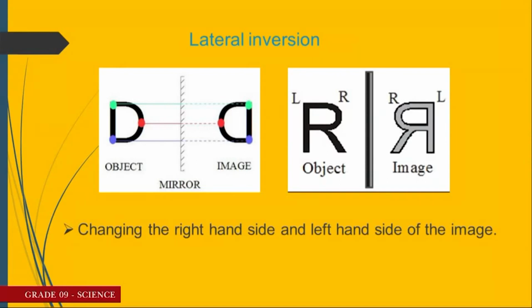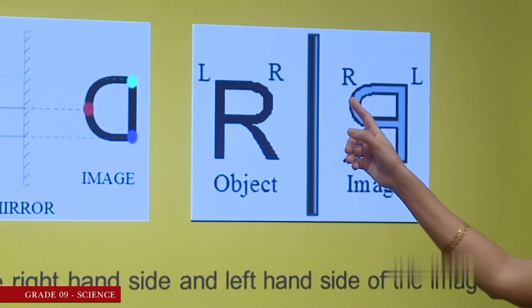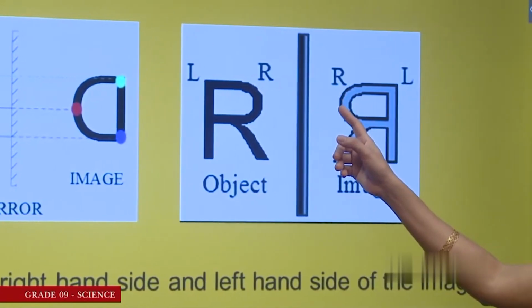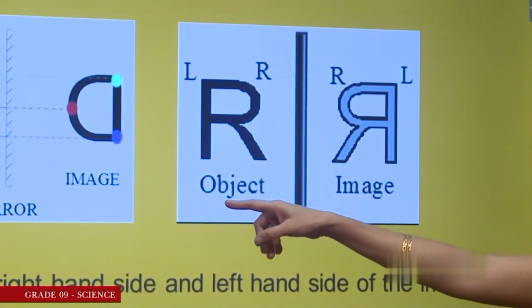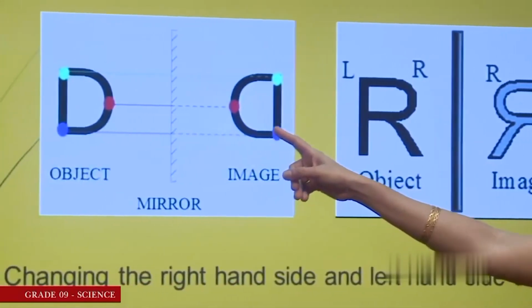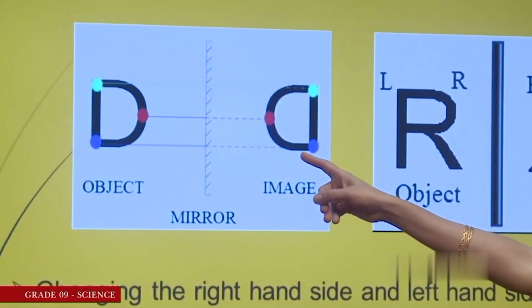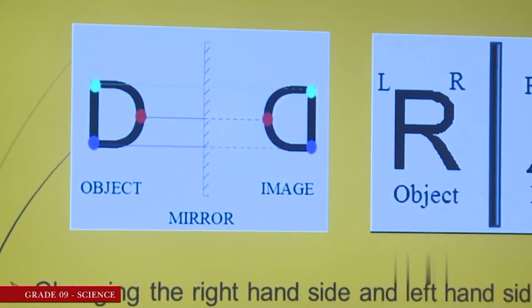In this diagram, you can see capital R here in front of the plane mirror. So, when you see through the mirror, you can see R like this. So, it is clear the left and right side of the letter has been changed. So, I used another letter D here to show the lateral inversion when you observe through a plane mirror.